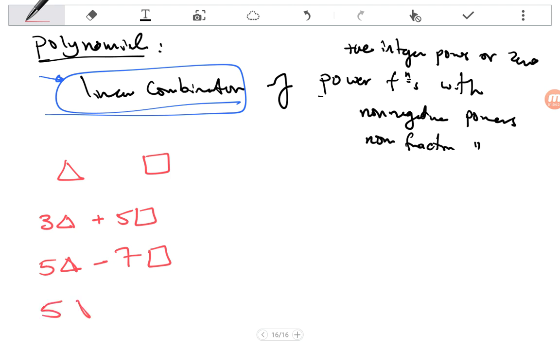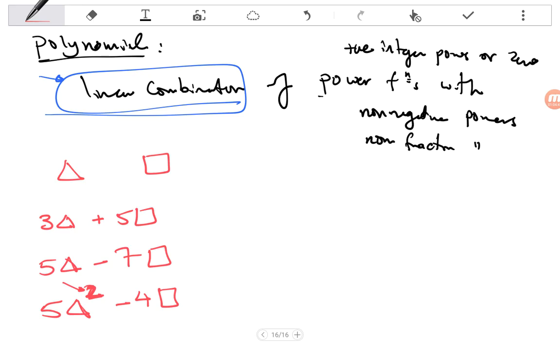But if I say 5 triangle squared minus 4 of the rectangle, is that a linear combination? No, that is not a linear combination because we have here a power 2. So what is a linear combination?